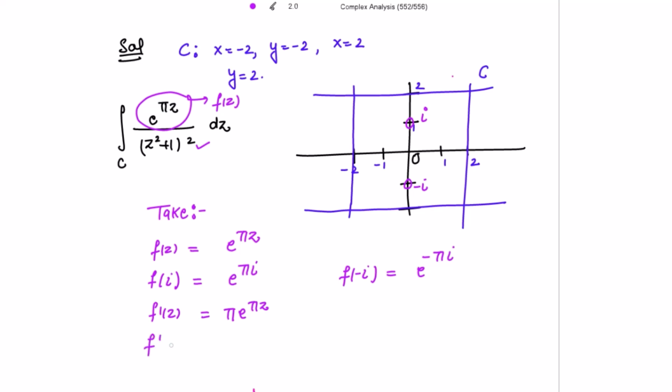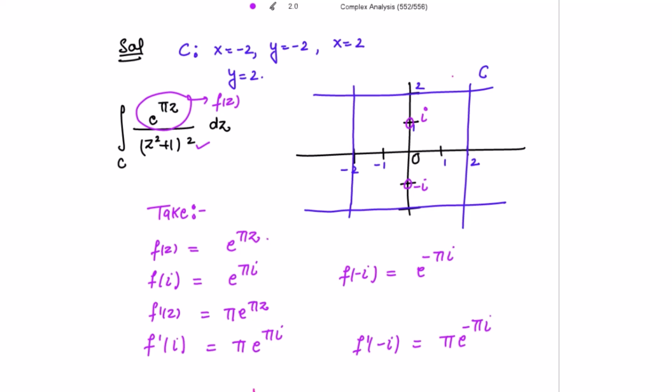Similarly, we also need f dash at iota and f dash at negative iota. What is that? f dash of iota is equal to pi e to the power pi iota, and f dash of negative iota is pi e to the power minus pi iota, right?